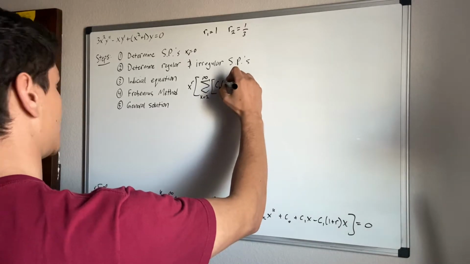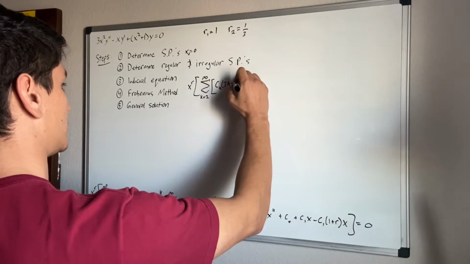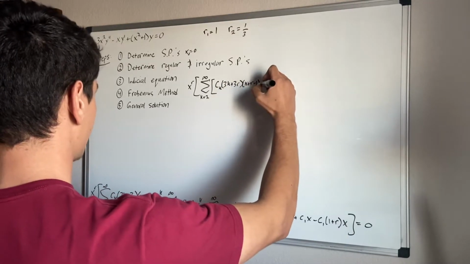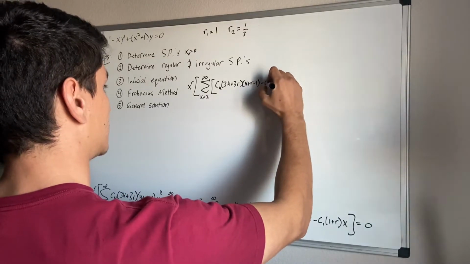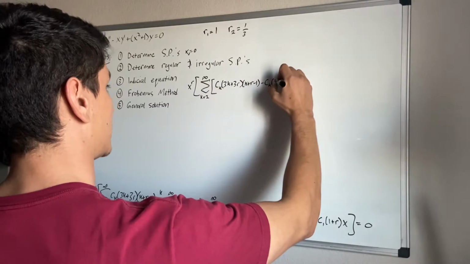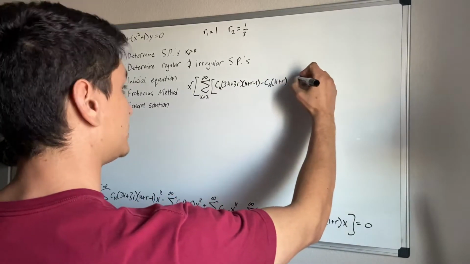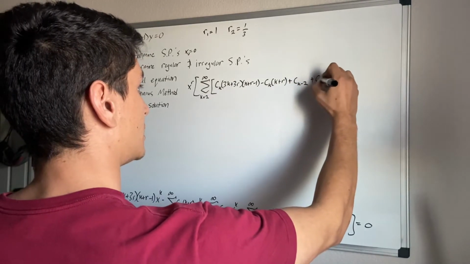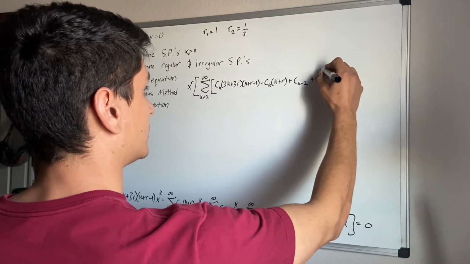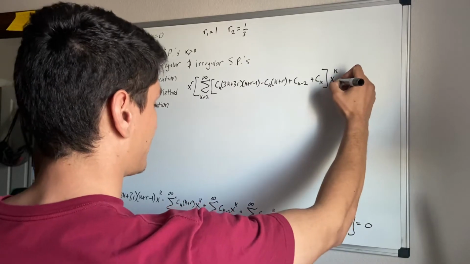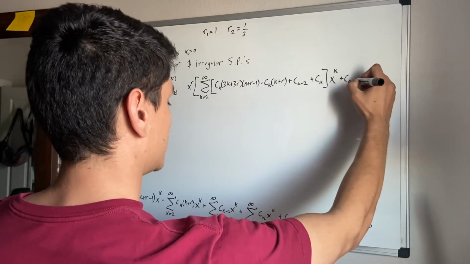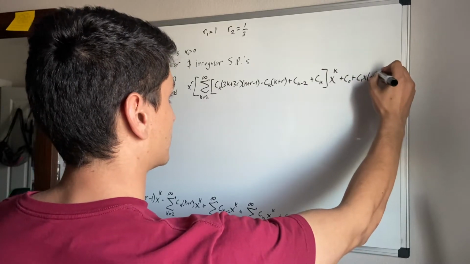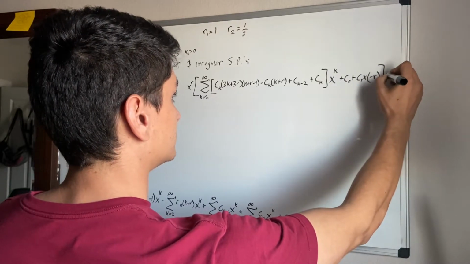C sub k times 3k plus 3r times k plus r minus 1 minus c sub k times k plus r plus c sub k minus 2 plus c sub k, x to the k, plus c0 plus c1x times minus r equals 0.